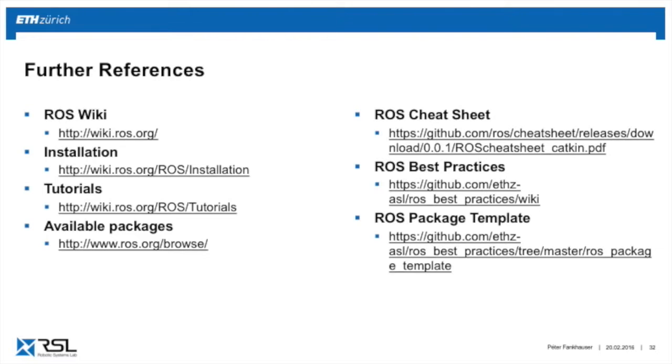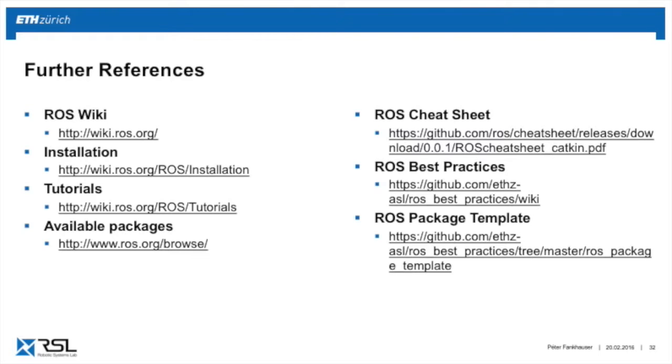This is the end of the first lecture. For you in the future and now, if you have any questions, you can either ask us, but the internet is full of information. The most important website is probably wiki.ros.org, where they have documentation and tutorials on each of these topics that we talked about. And then there's the installation website of ROS, and here are tutorials.